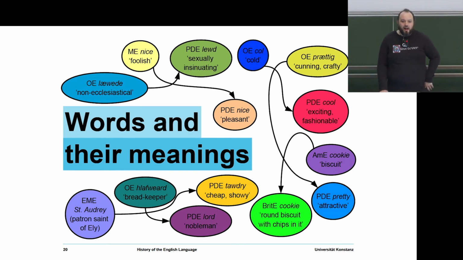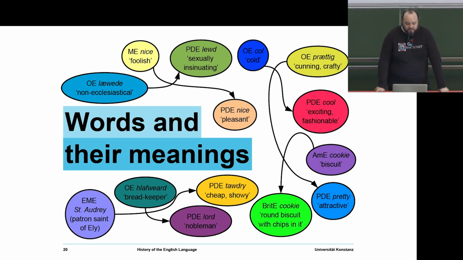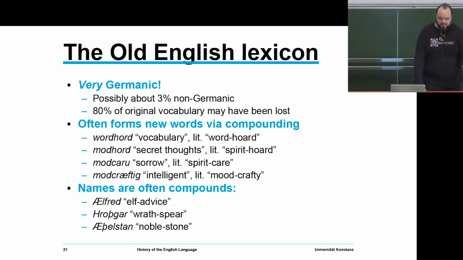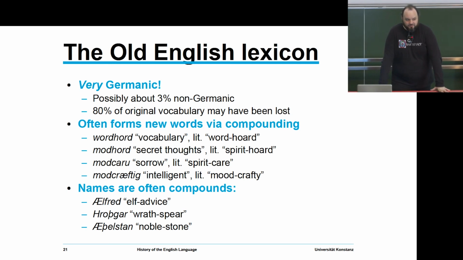Right? So how are these meanings related? How does a word for cold turn into a word for fashionable? What's the link here? Can we make any generalizations? Can we predict what way words are going to change? And I'll get back to that, but it's not going to be simple.